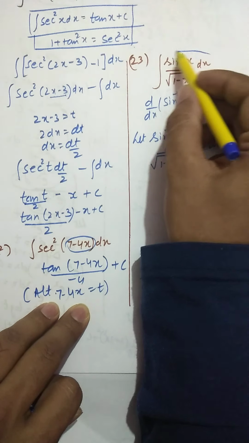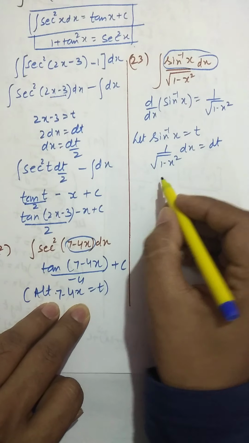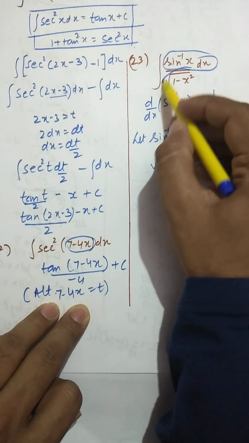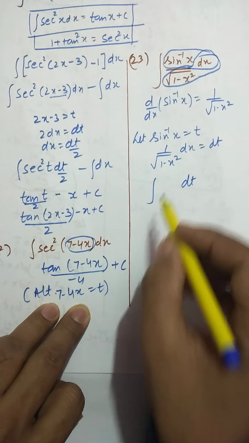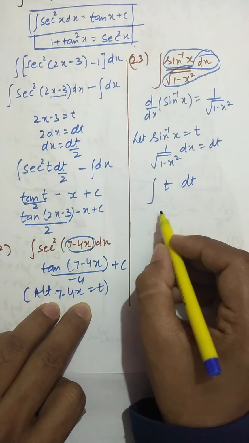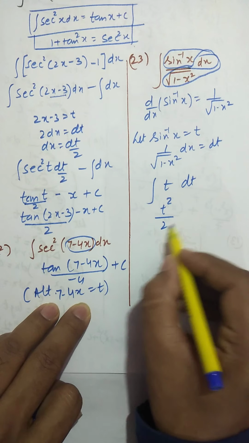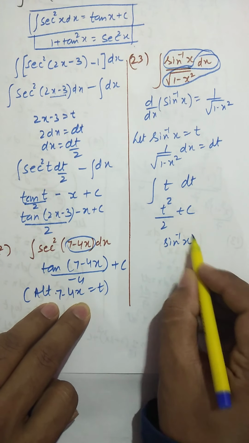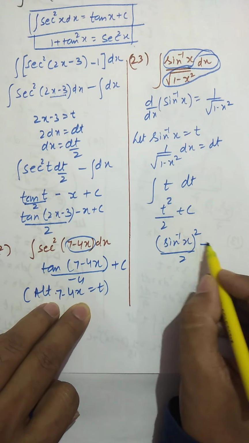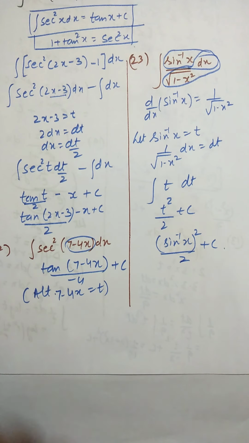So substitute, this is your dt, and you assume this as t. So t dt, and you can integrate this: t square upon 2 plus c, and t you assumed as sin inverse x. So (sin inverse x) whole square upon 2 plus c is your answer.